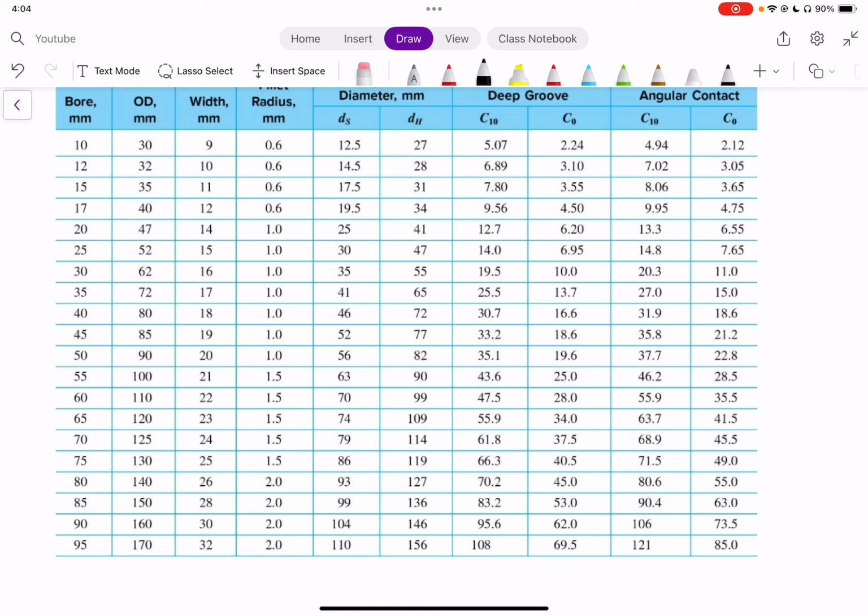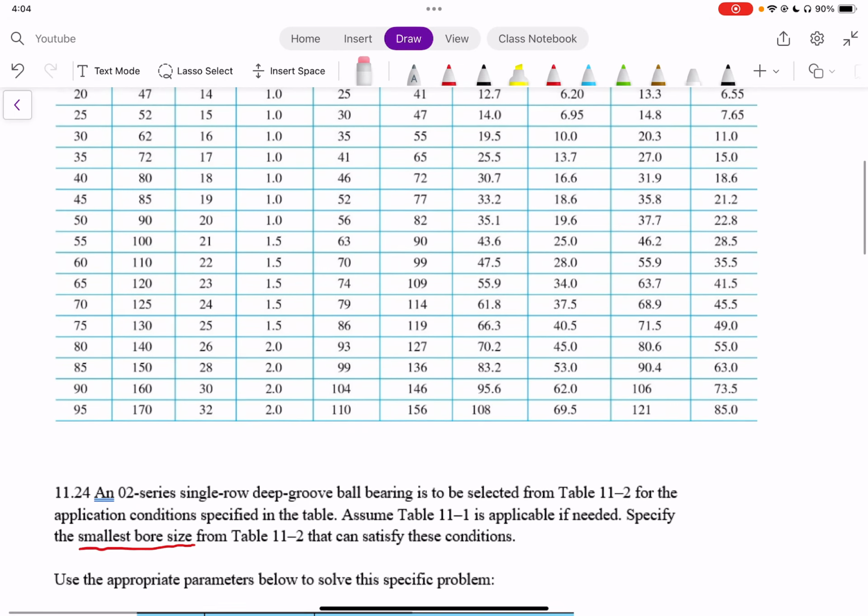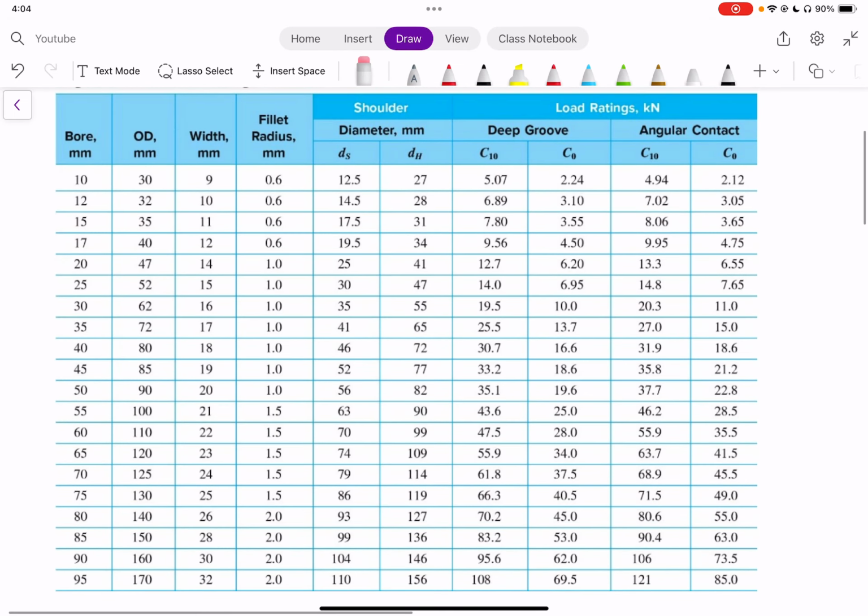We know that we have a deep groove bearing in our question, so we check, it says a single row deep groove ball bearing. We see that the value that is higher than 82.5 is 83.2. So it would be an 85 millimeter bore.